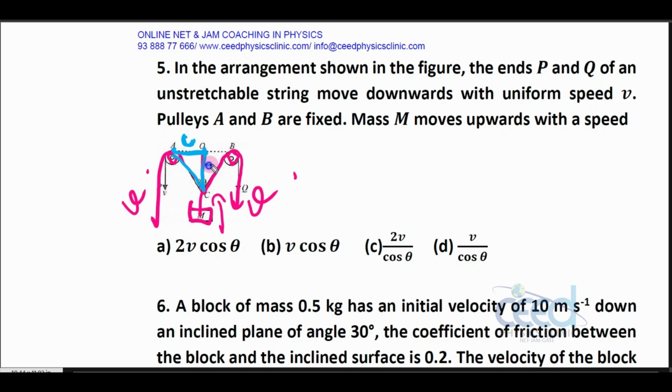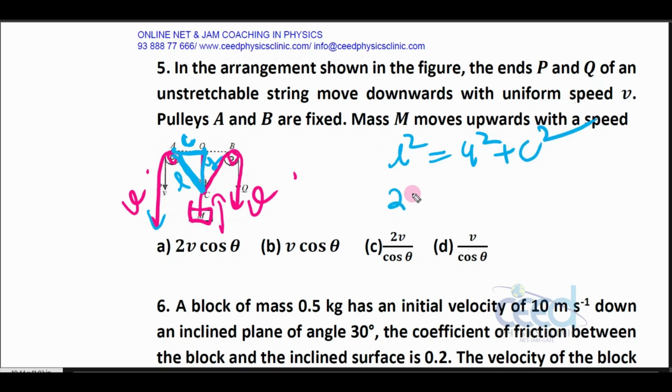I can write this length as y. This string is also going downward, so L is also changing. From this I can write L square is equal to y square plus c square.